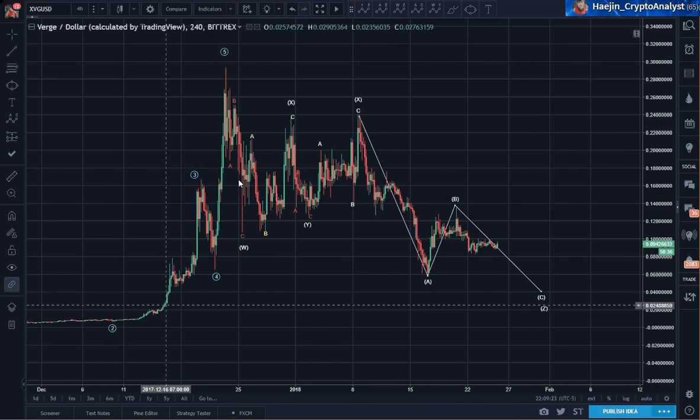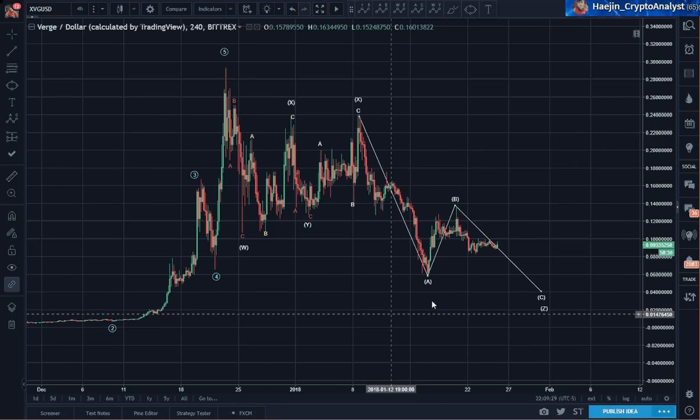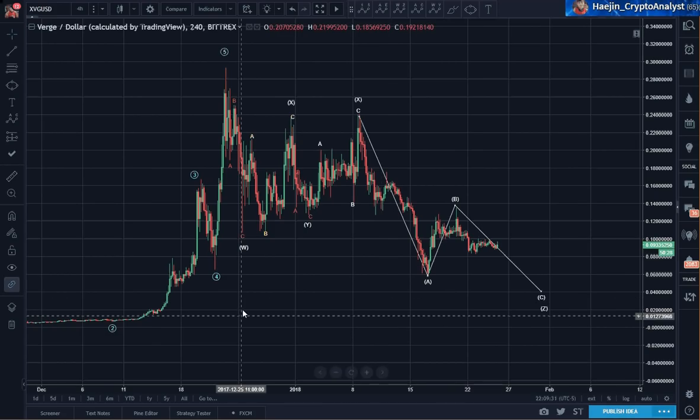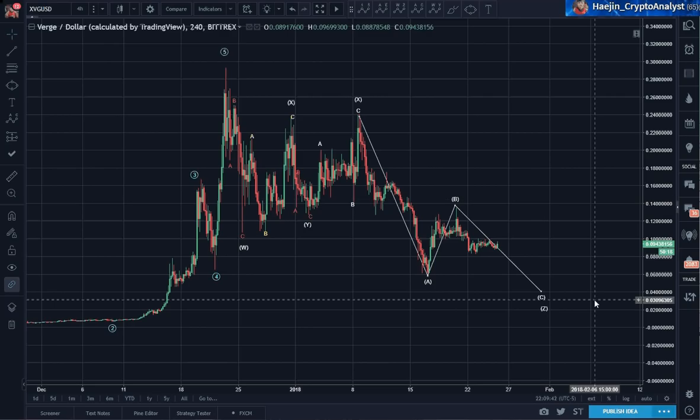I know that this is going to be very complicated for you guys, especially if you've never seen Elliott waves before. And this kind of complex combinations will take a while for you to learn. And just like anything else, first time is going to be very awkward. You might be like, what the hell is he talking about?